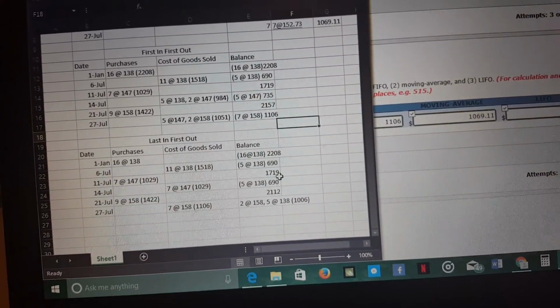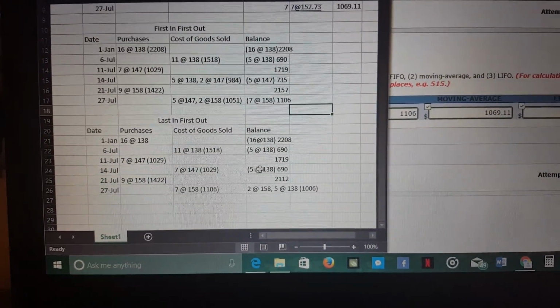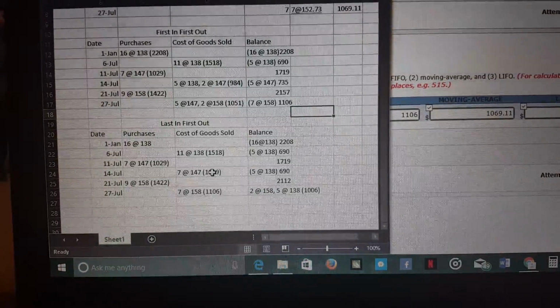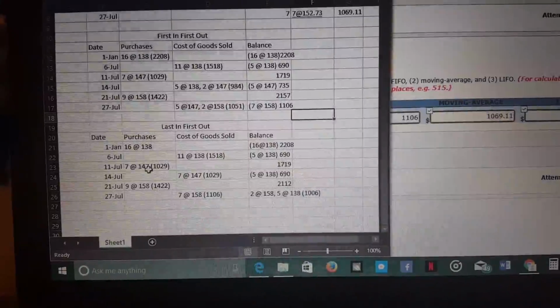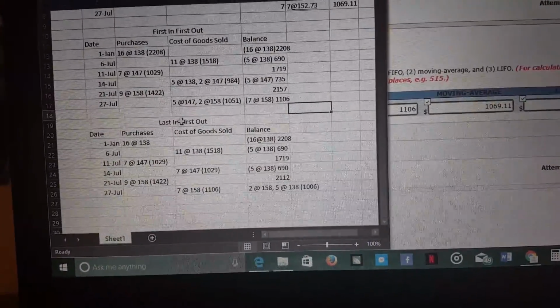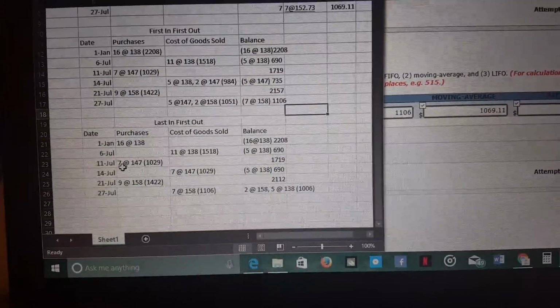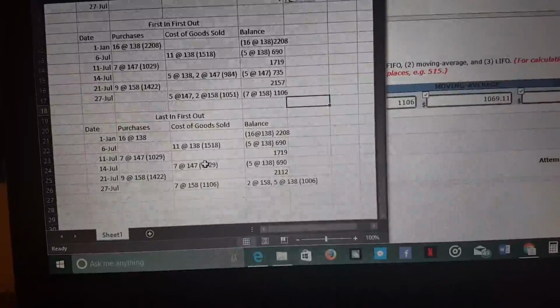And then here's where it differs, on July 14th when we have to sell 7. And so since we're selling more, but we have some left over from the 138 price, and we have some at the 147 price, then we have to remember the last in are the first ones out. And so since we just bought these 7 at the 147 price, we're going to sell those first.